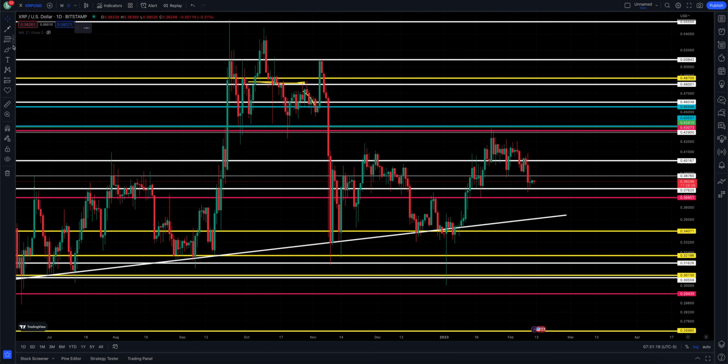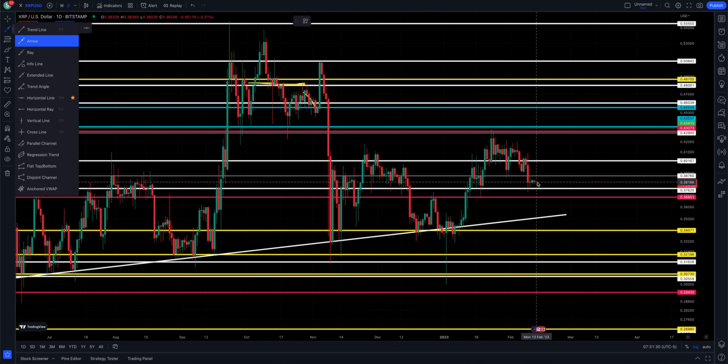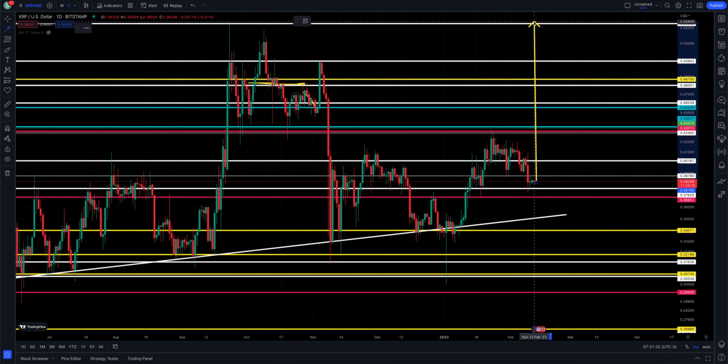Of course, all of these lines on the chart play less of a role on a news event, but usually at some point, for example, if we get a wild move to the upside on a news event, it'll usually come in at some point near one of our lines.